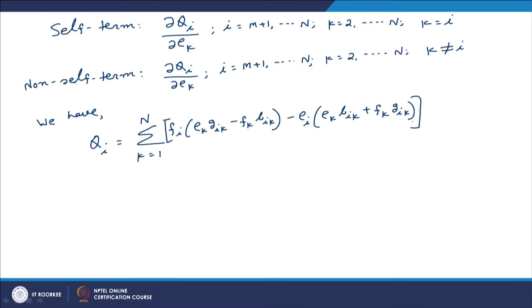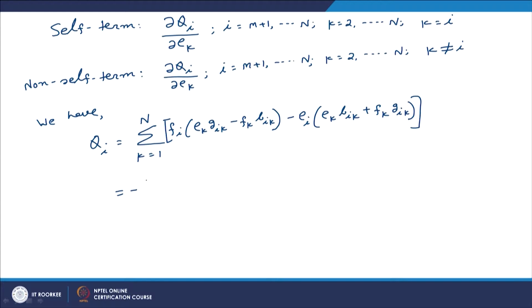Now, as before, we will take out the ith term separately. So, then when I make k is equal to I, what becomes? This becomes Fi Ei Gii, and this becomes minus Fi square Bii, and this becomes minus Ei square Bii, and this becomes minus Ei Fi Gii. So, then therefore, this Fi Ei Gii and this minus Ei Fi Gii will cancel out. So, what will remain is basically minus Fi square Bii minus Ei square Bii.